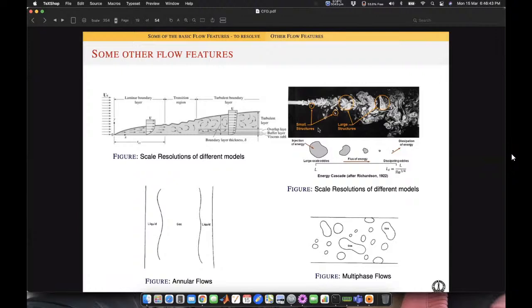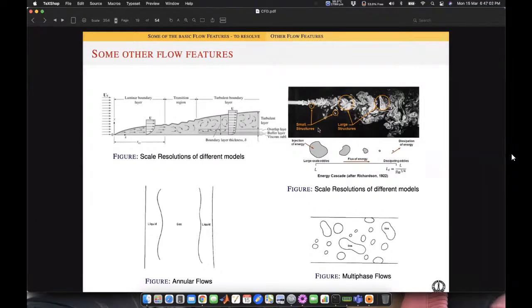You can also have multi-phase flows. Suppose you have gas entrained by a liquid, or a liquid entrained by a gas, or annular flows. These are a few examples where CFD is very important. All the methods that we are going to discuss would be applicable.